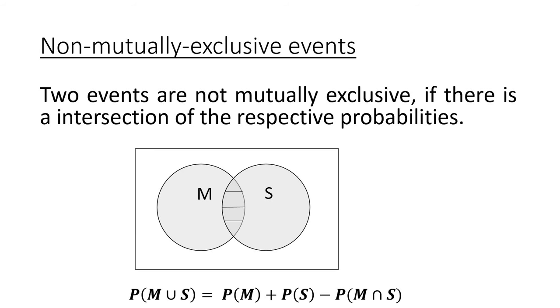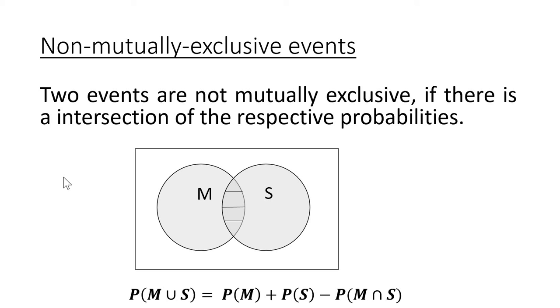So those two events, as you can detect, are not mutually exclusive. There is nothing preventing students from taking both classes. And as you can see on this illustration, there is indeed some intersection of M and S, and this intersection set is not empty. So there are indeed some students who take math and statistics classes simultaneously.